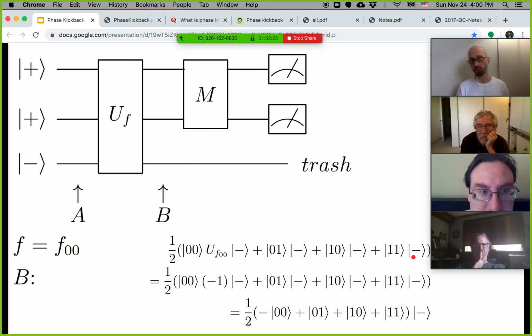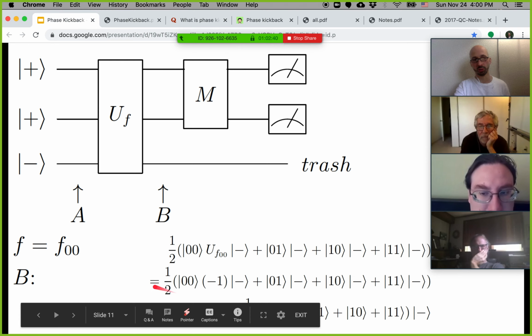So this is how it works in the classical case, and it will automatically work in any other state. So it will work in superposition or for any other state. I mean the circuit in general.